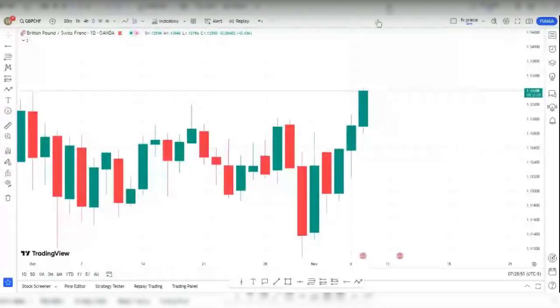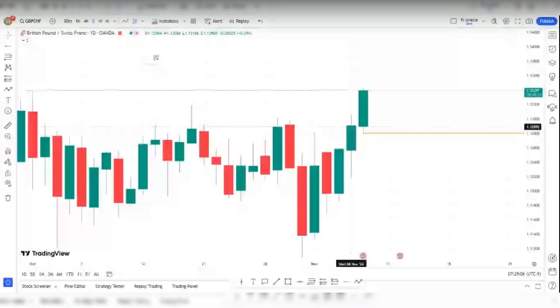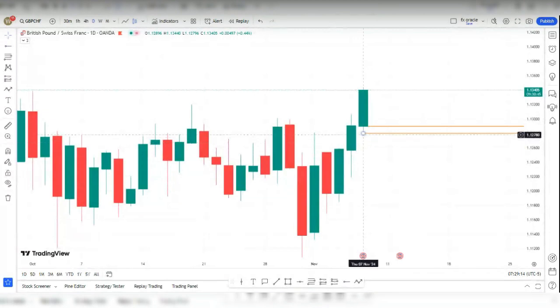So now let's look at what I just explained on this particular candle that is running. This is the low of that candle here. This is the opening of that candle. Don't forget, the opening of a new candle is always the close of the previous candle.